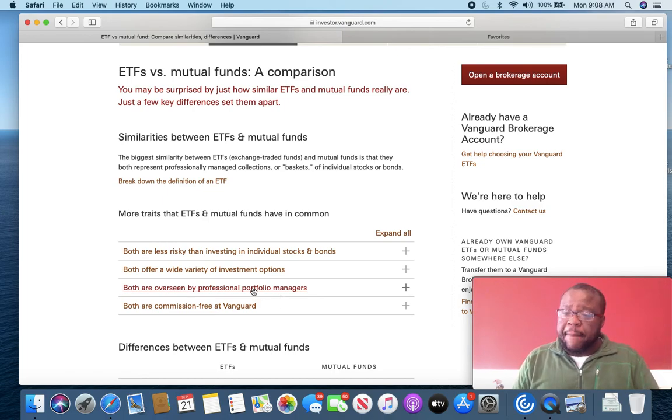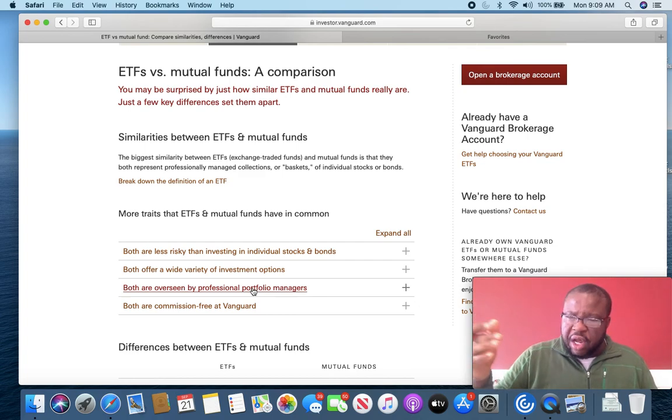We said with the actively managed mutual funds, the portfolio managers are trying to beat the market, right? Trying to see which company is going to succeed, and the companies they think are going to succeed, they want to buy more of those. The companies they think are going to fail, they're going to try to sell. So they're constantly selling and buying, trying to outperform the market.